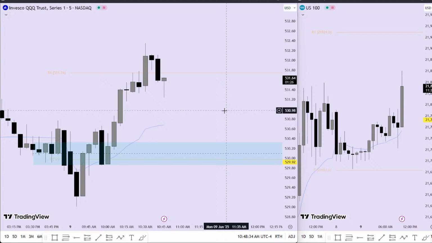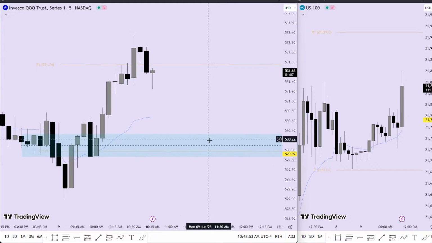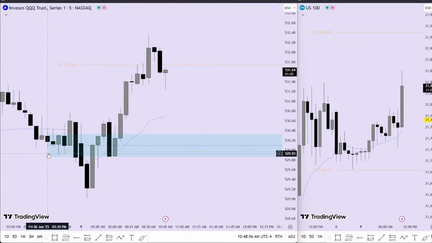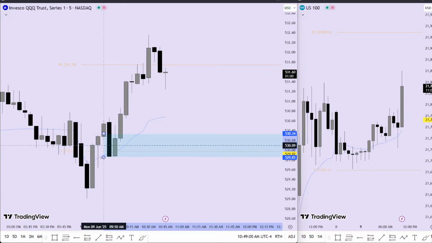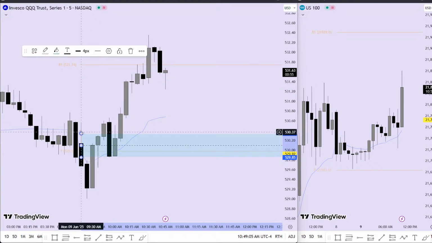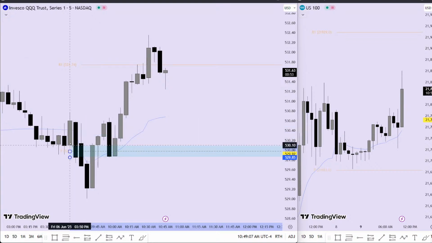So what I'm going to do today is mark the chart. First we're going to draw the opening range gap from the previous day's close.